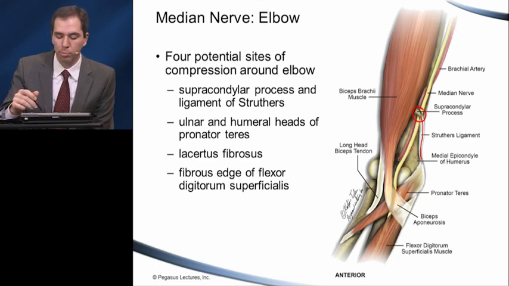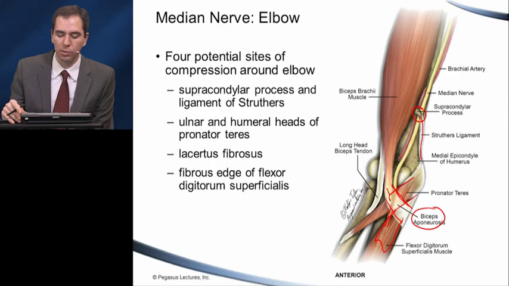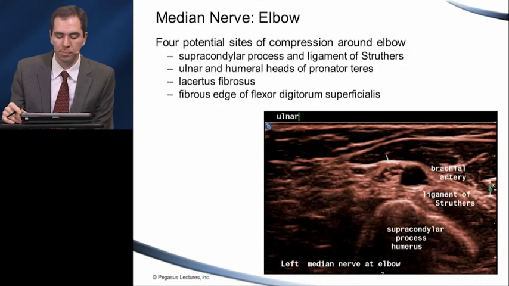Next, it can become compressed between the ulnar and the humeral heads of the pronator teres muscle. Third, at the lacertus fibrosus of the biceps tendon, otherwise known as the biceps aponeurosis. And the fourth potential site of compression is at the fibrous edge of the flexor digitorum superficialis muscle. So we'll look at each of these individually.